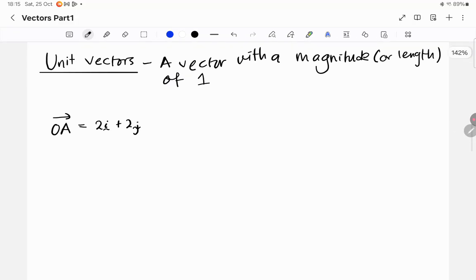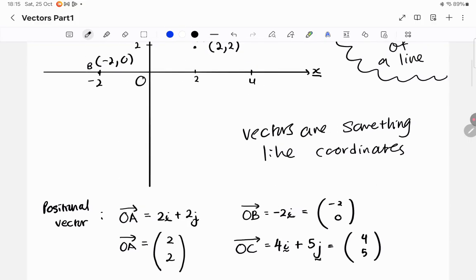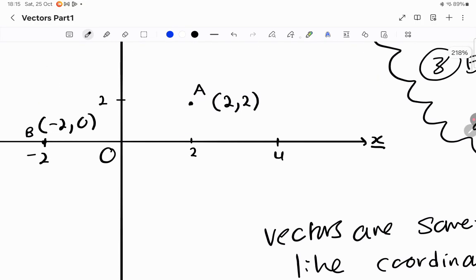Okay, now to find the unit vector of this, all you have to do is find the magnitude of this vector. So as we know, vectors are displacements, and these displacements have magnitudes.